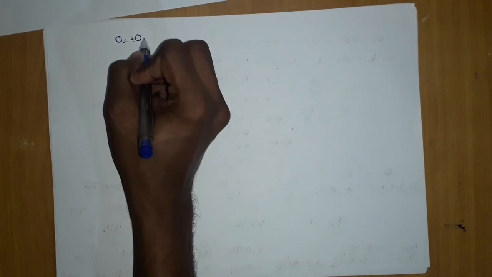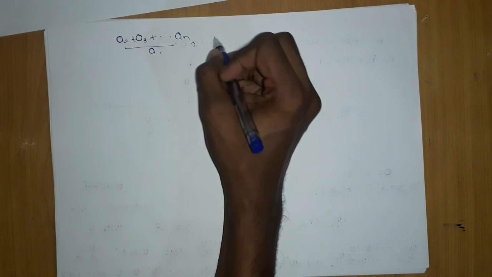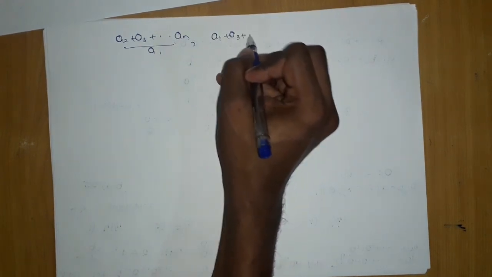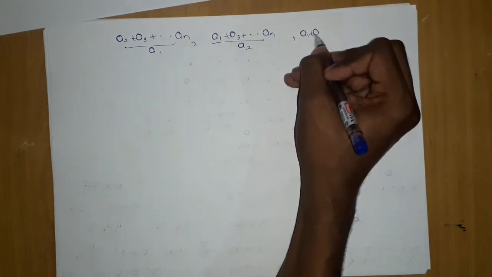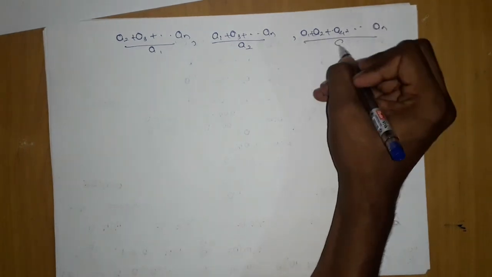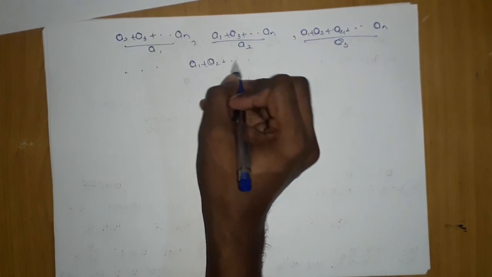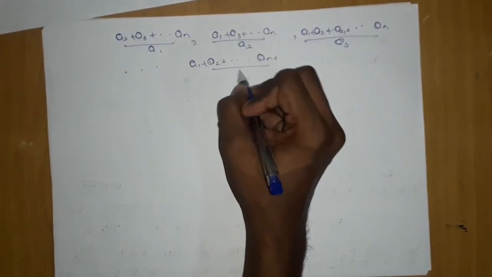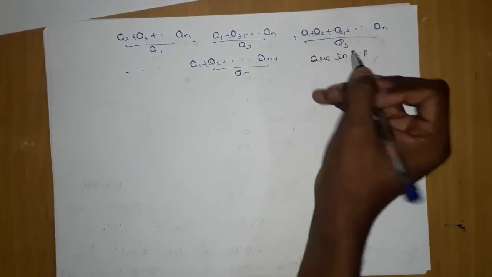Which gives me a2 plus a3 and so on till an upon a1, a1 plus a3 and so on till an upon a2, a1 plus a2 plus a4 and so on till an upon a3, and the last one will be a1 plus a2 and so on till an minus 1 upon an, and these are in AP. So we will take the reciprocal of them.